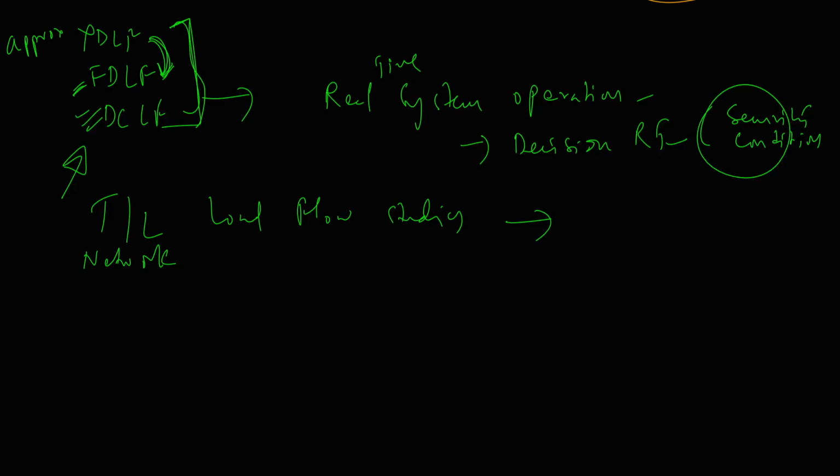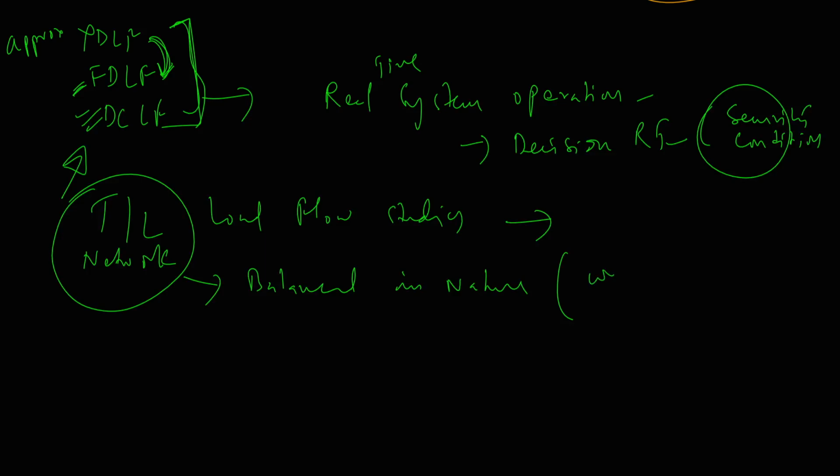These transmission lines, we assume, are balanced in nature, and we can represent the network in a single phase model, a single phase line diagram.